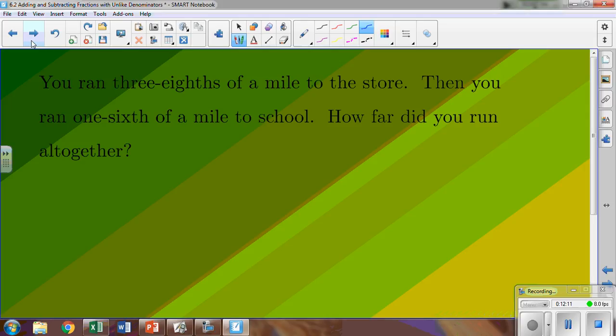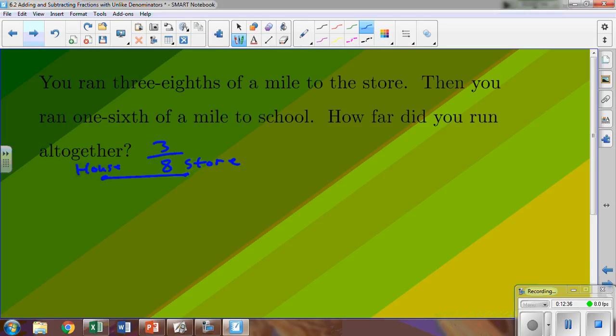Last problem that we have, adding fractions is really, really common when you need to work with distances. For instance here, you run 3/8 of a mile to the store. Okay, so from your house, you went to the store. That was 3/8.